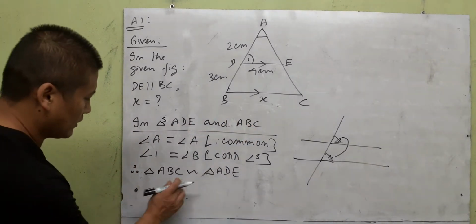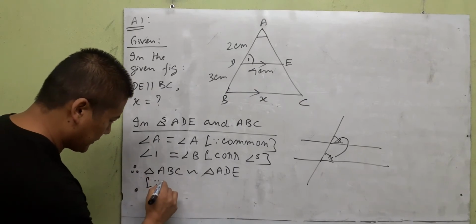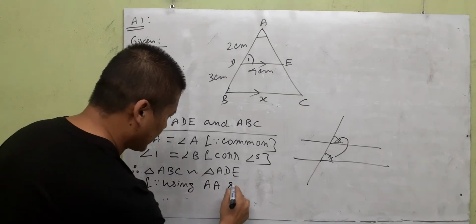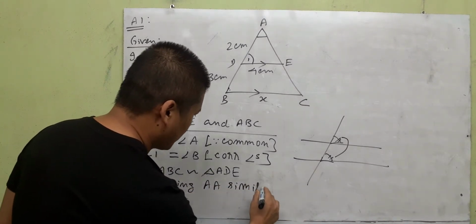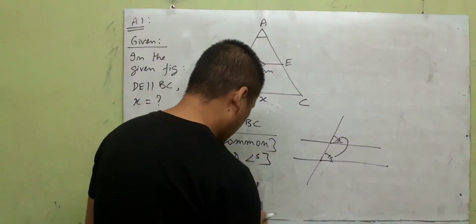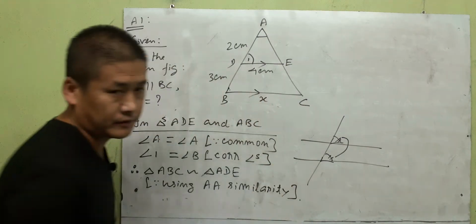This is the sign for similarity, meaning same shape, using the AA, two angle, similarity condition. This is called the AA similarity condition of triangles. So we can simply write it as AA similarity condition.